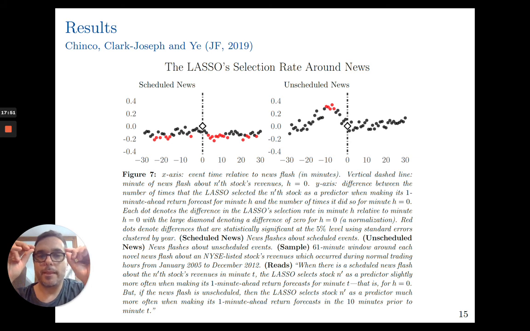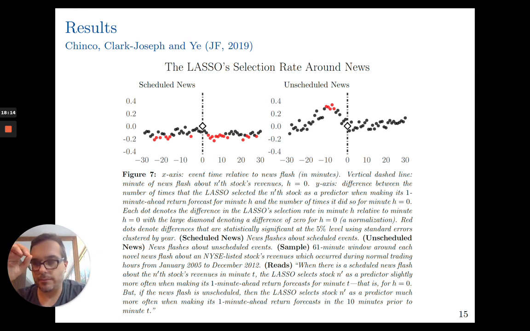So if you're picking a regressor, is there any change in the number of times you select that regressor before the news, on top of the news, and after the news? So the structure of the selection mechanism of the Lasso changes. Okay?